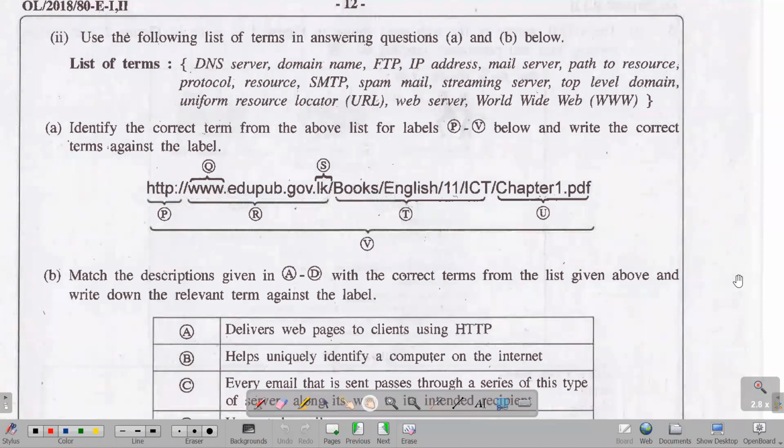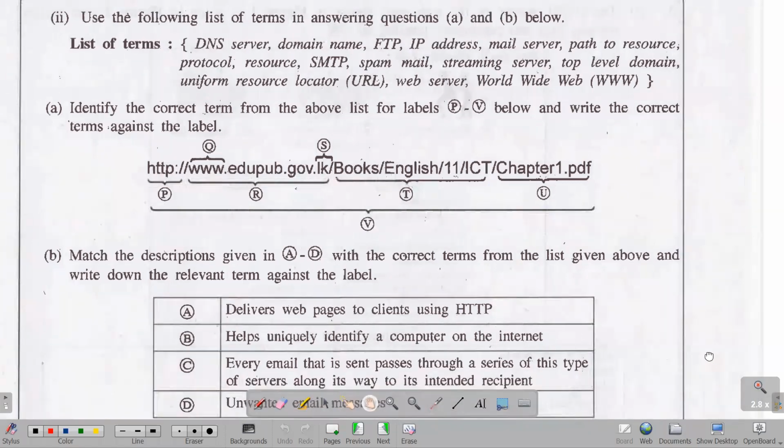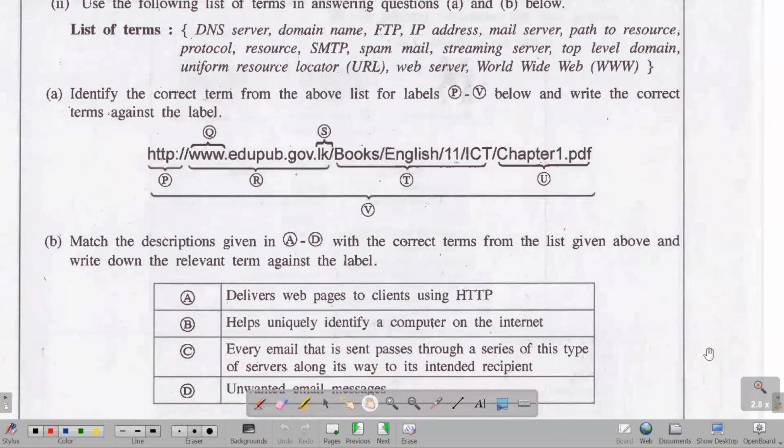Oh, are they referring to the same? Yes, the same thing. So it says delivers web pages to the client using HTTP. So that is a web server. Right, helps uniquely identify a computer on the internet. That is the DNS server, domain name system server.